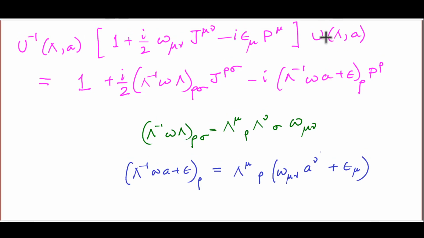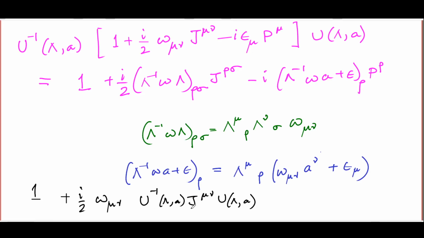So the left hand side here is pretty straightforward. The U inverse U hitting the identity just gives you the identity. And then what you get is plus I by 2 omega mu nu U inverse lambda A J mu nu U lambda A. This is exactly what I've been saying.